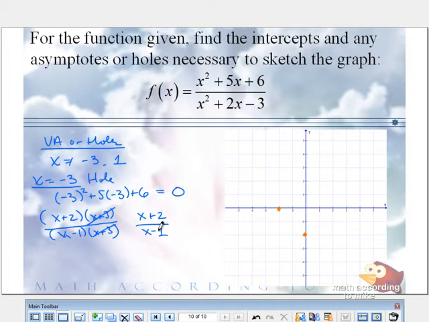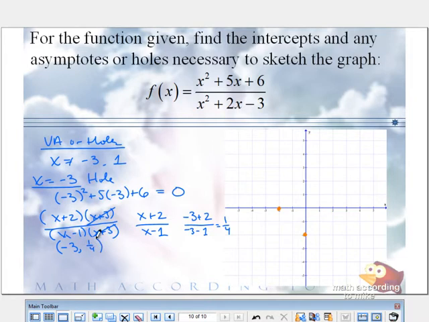Plug in -3. And that gives us positive 1/4 after we clean up. So our hole is at -3, positive 1/4.